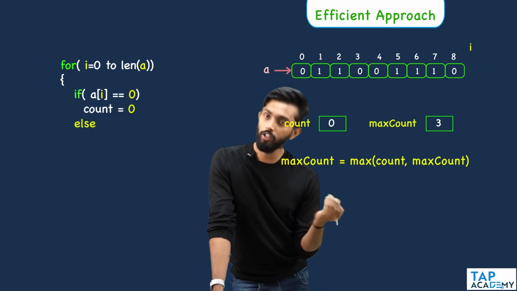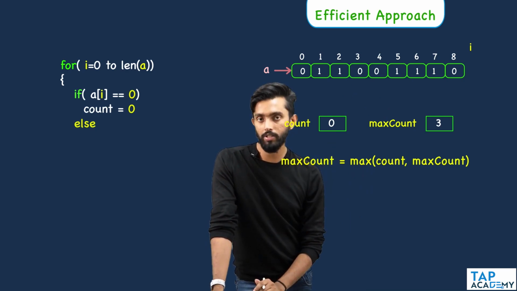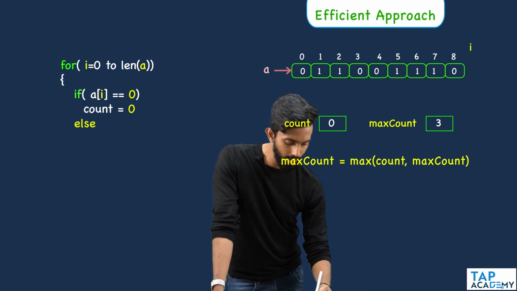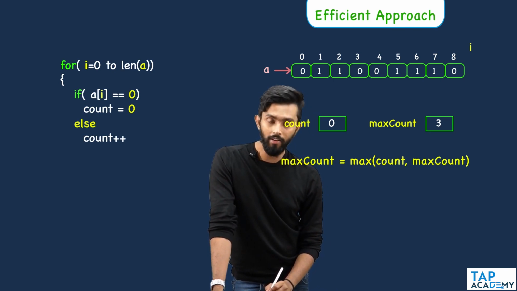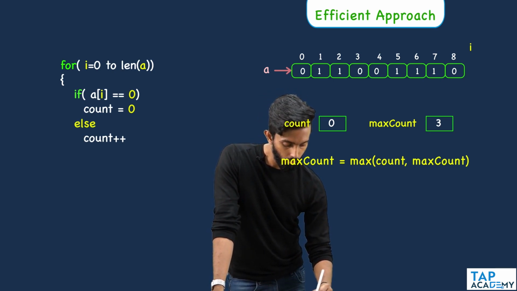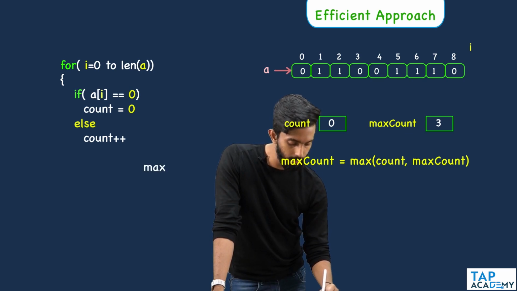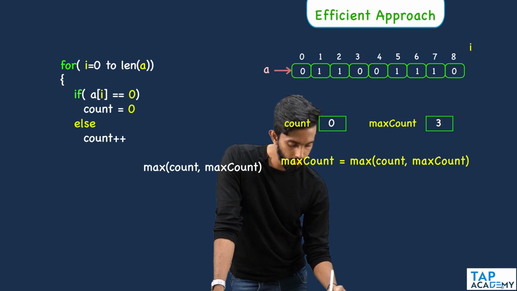Else means it is 1 because it's either zeros or ones. If it is ones, immediately I incremented count. And I checked what is the maximum between count and max count.